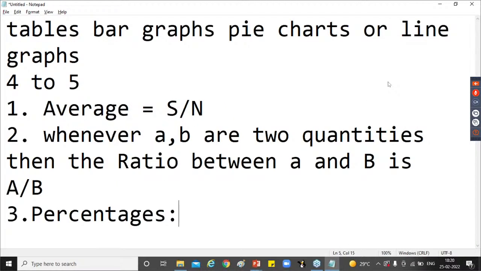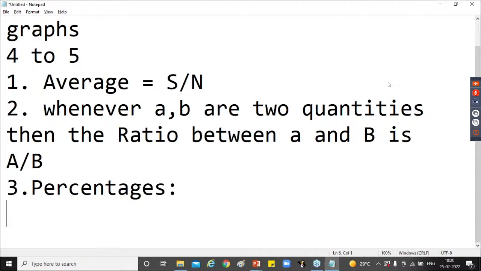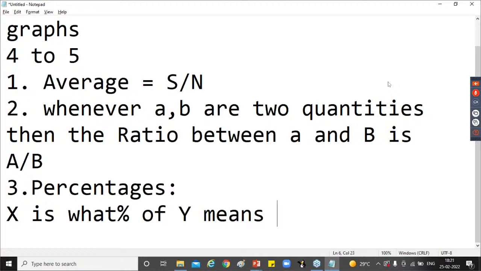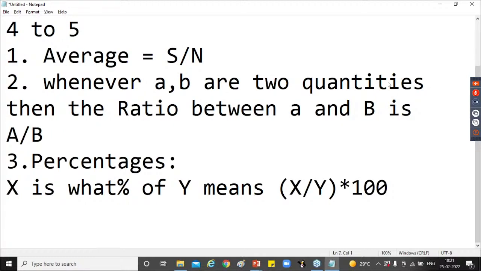Third one, in percentages. X is what percentage of Y means, you may not understand the meaning of X is what percentage of Y, but while solving the examples, you may get the importance of this formula. X is what percentage of Y: X by Y into 100.